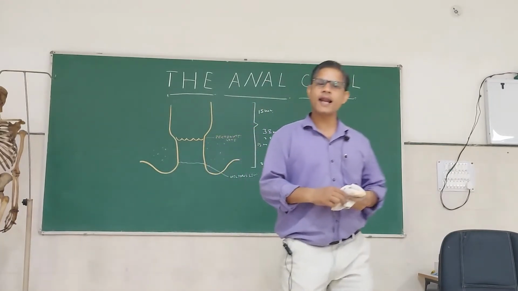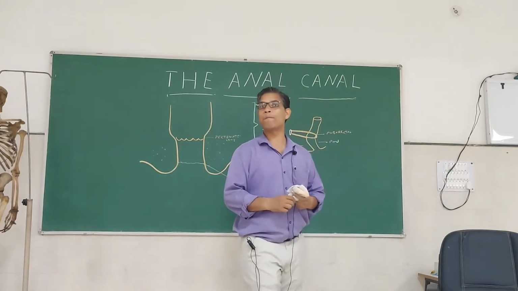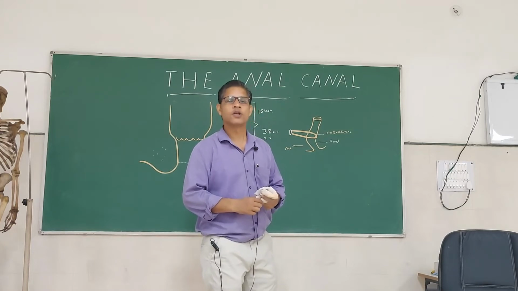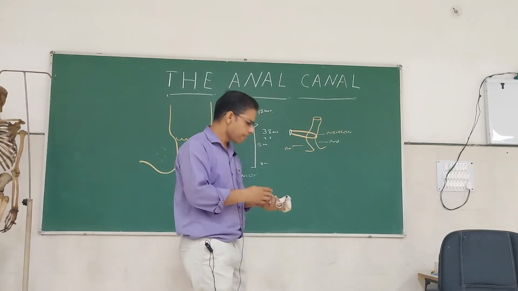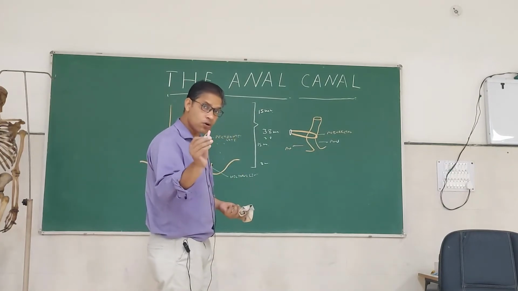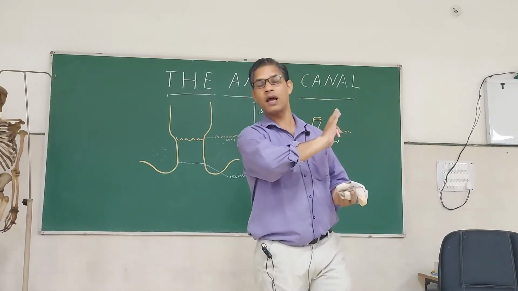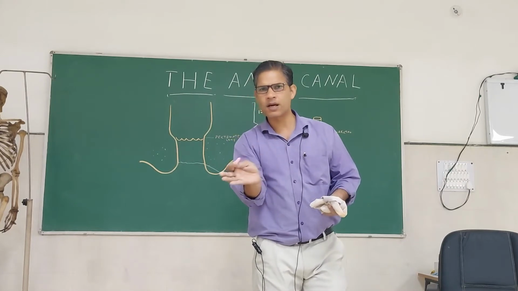The upper part of the anal canal is developed from the developing gut, the primitive gut. So this has almost similar features. The mucosa is there, and that mucosa is made up of columnar epithelium, as throughout the GIT, from the lower part of the esophagus, the stomach, and so on.